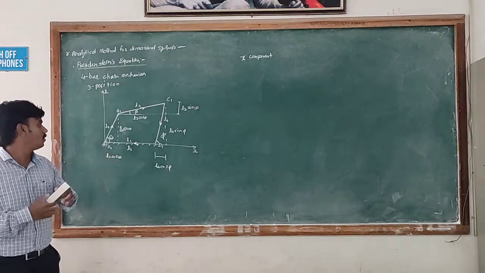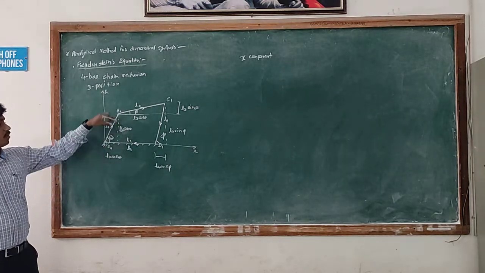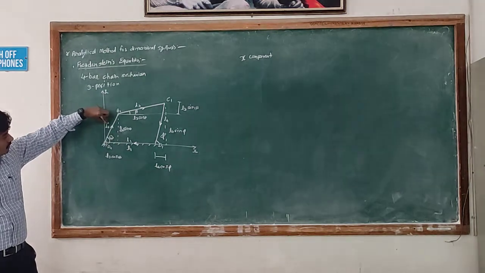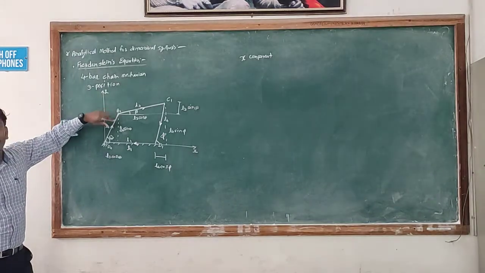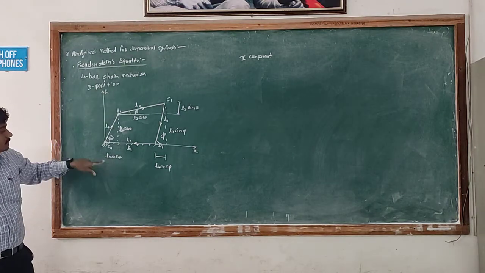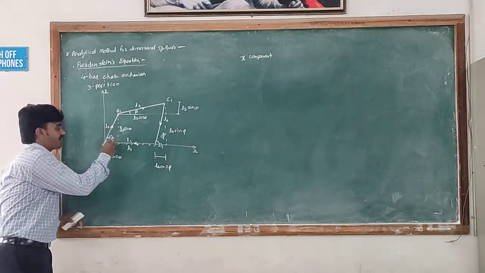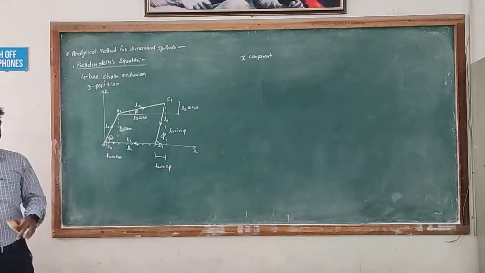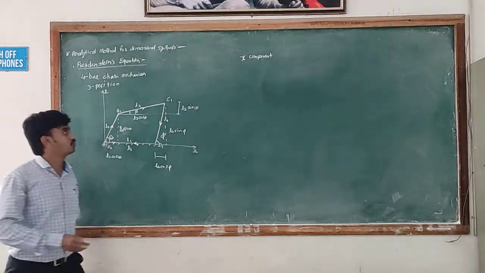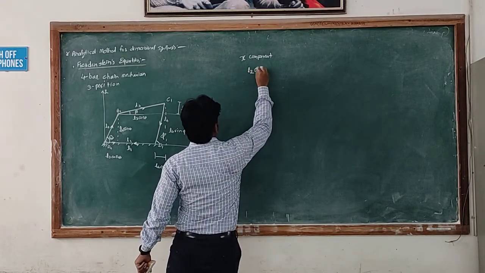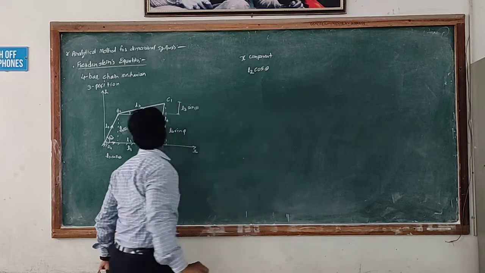So the component of L2 along the x-axis is L2 into cos of theta, and its direction is in this way. So the x component is equal to L2 into cos of theta.